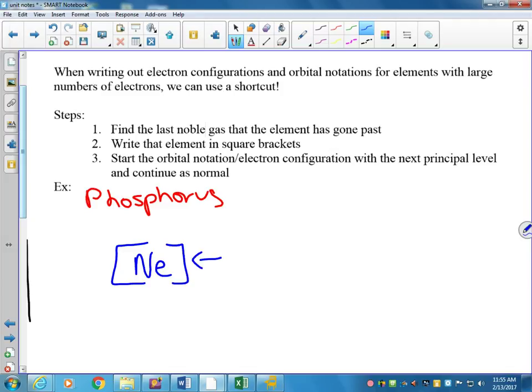How many electrons are in neon? Just a regular neon. So we're using 10 electrons in neon. How many electrons do we have left? Well, I guess we need to know how many electrons are in phosphorus in the normal. 15. So we're going to use 10 in neon, so we'll have 5 electrons left to write out.